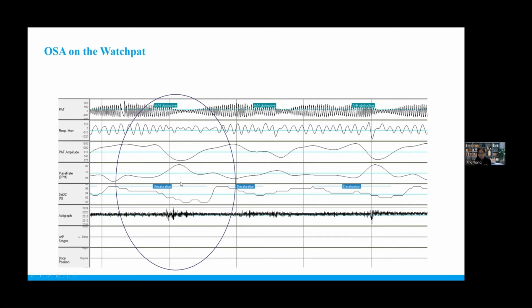There's a proprietary algorithm based on the PAT, or peripheral arterial tonometry signal, the snoring and movement, and some qualitative assessment of the respiratory effort from the chest sensor that patients wear. It will identify events based on that. So it generates an index of severity, but again, it's not based on direct measurement of the absence of flow or reduction in flow.